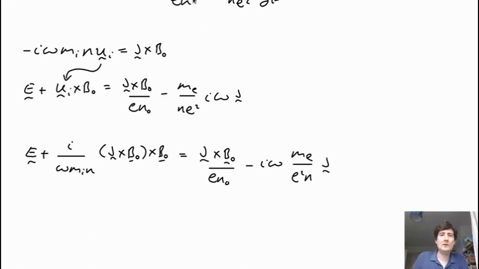So this one, for example, is just the perturbed current perpendicular to the magnetic field times B naught squared. This term here we can simplify, and it essentially depends on the plasma frequency.